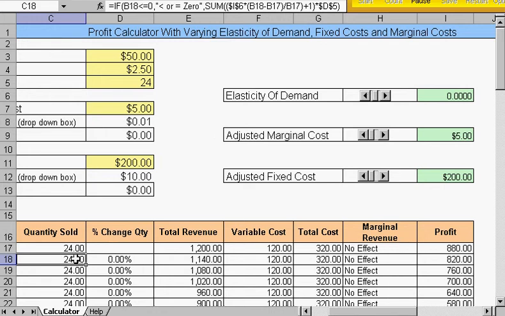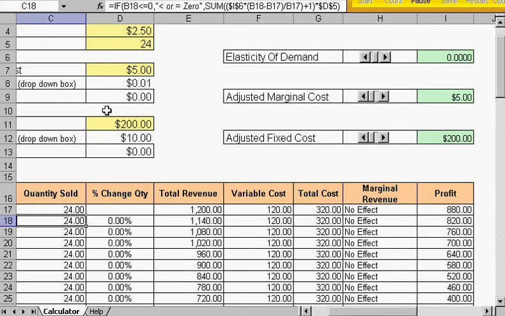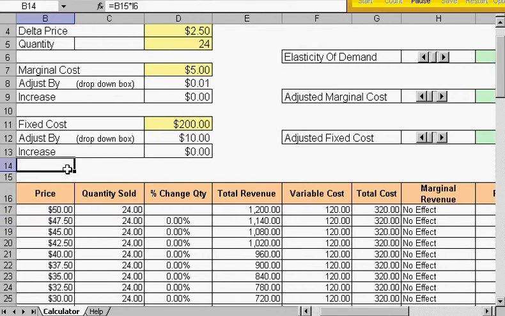So as the numbers get higher, we sell less. As the numbers get lower, we sell more. At 0, we're at an equilibrium and we don't sell anything. And over here, our marginal revenue will have no effect on anything.